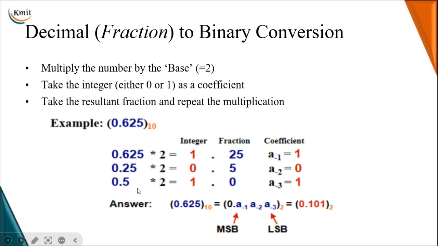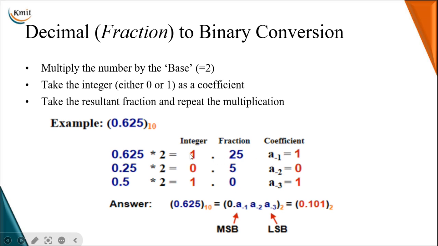So we continue the process of multiplication with the base. We take 0.5 and multiply by 2. Now we obtain a product of 1.0, where the fractional part becomes 0. This indicates the conversion of the fractional number is completed.